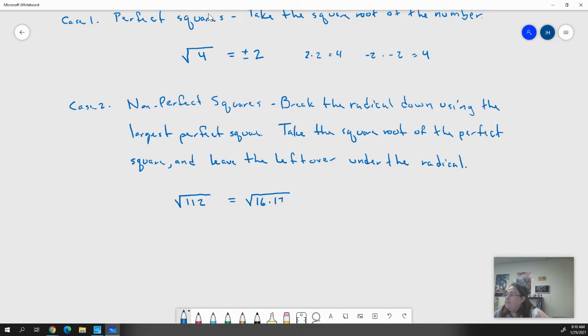I know that 16 times 7 equals 112. And 16 is a perfect square, right? So what I could do is I could write this as plus or minus 4, because 4 times 4 is 16, times the square root of 7. 7 doesn't break down as a prime number, so I can't pull anything out of it. So that's going to be my leftover under the radical.